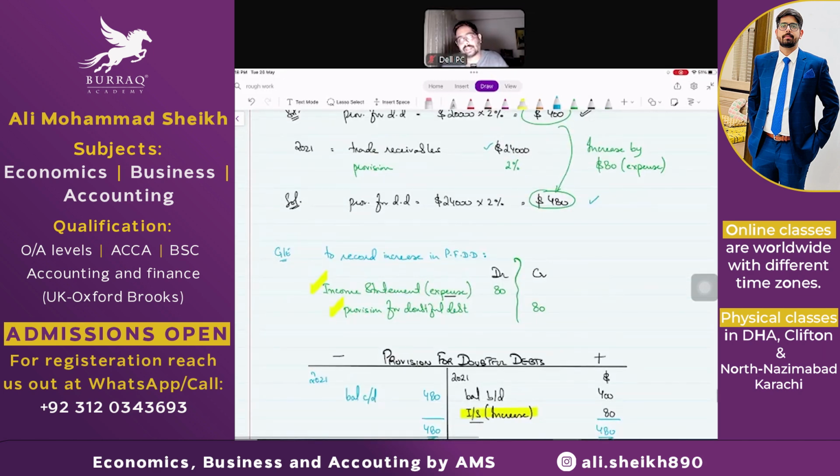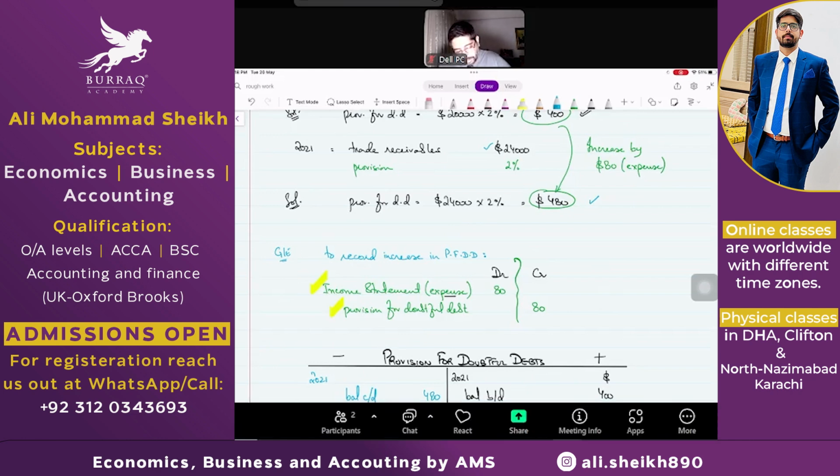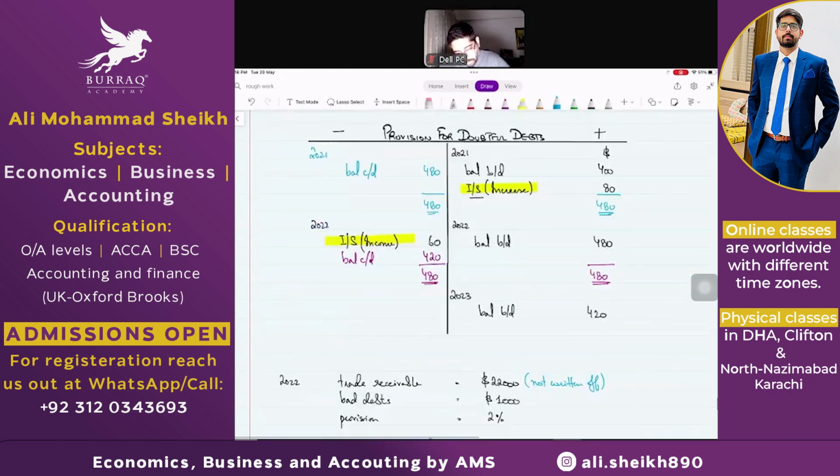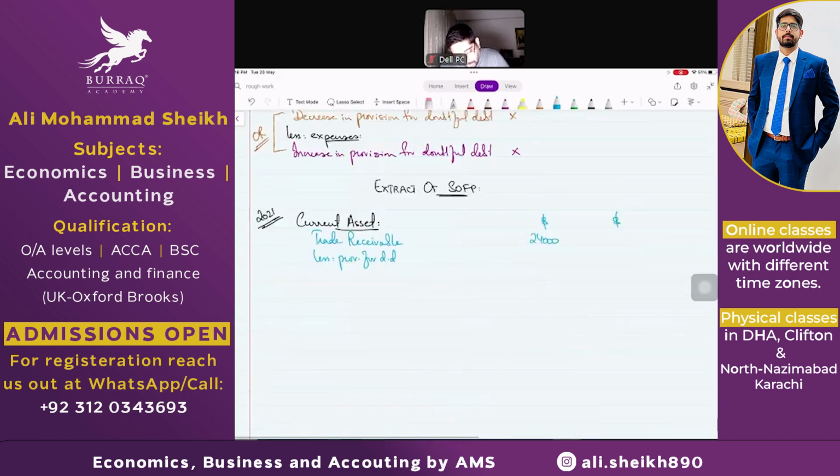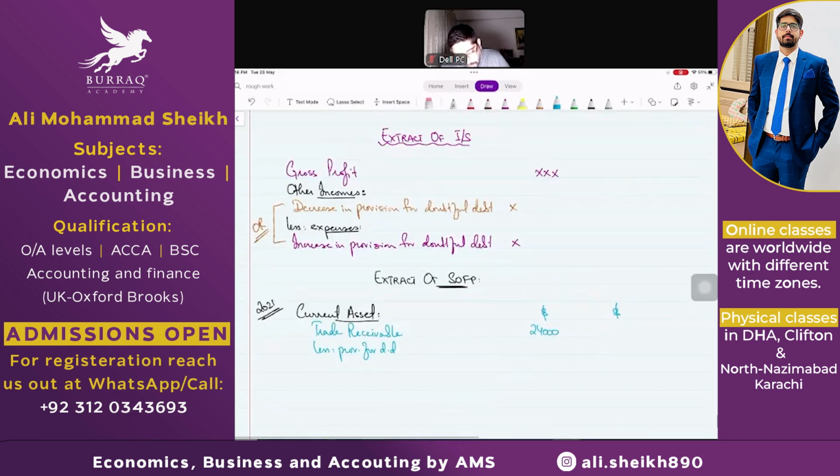So you will deduct the entire provision amount from your trade receivables. Why? Because the statement of financial position shows the closing balances of every period. So the closing balance of trade receivable provision was $480. So you need to deduct $480 from here in a statement of financial position and write your answer in the last column. So this is the extract of a statement of financial position.